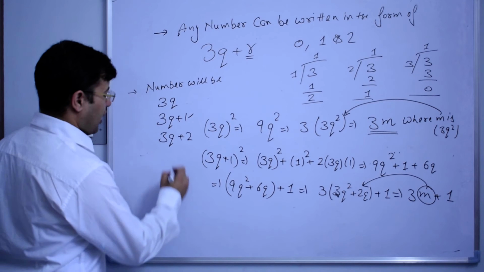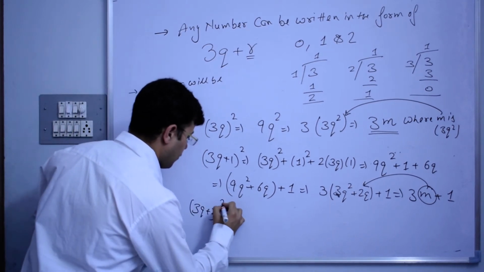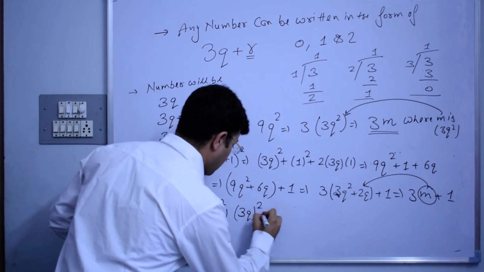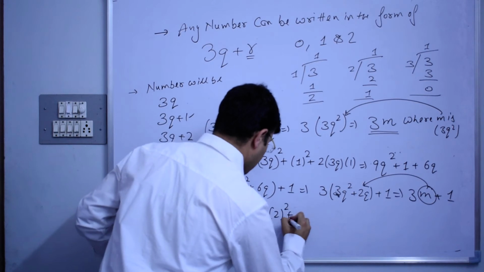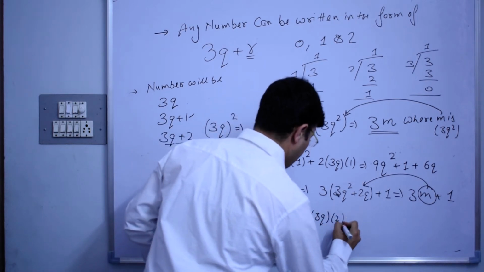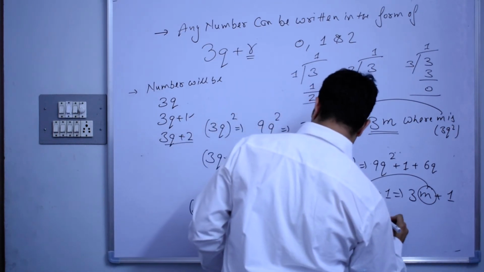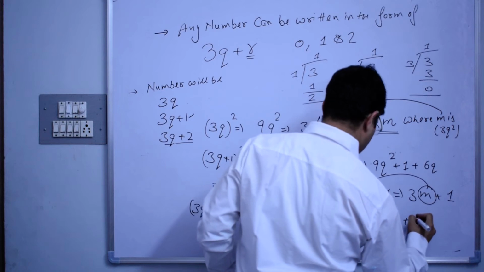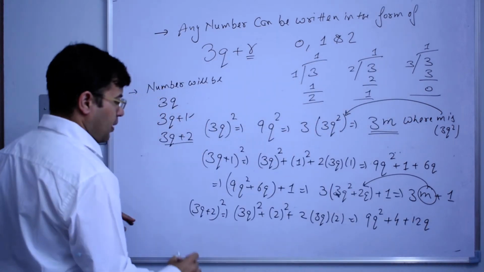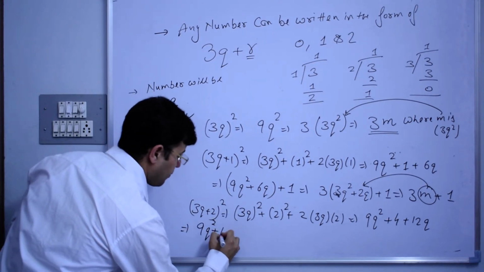Right. Now the last step, the last number is 3q plus 2 whole square. So this will be 3q whole square plus 2 whole square plus 2 into 3q into 2. This shall be 9q square plus 4 plus 12q. Let's rewrite it again, 9q square plus 12q.